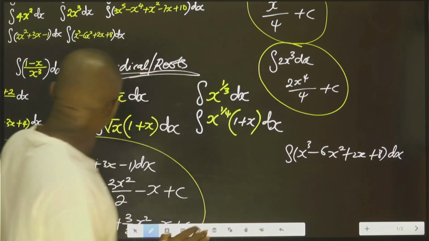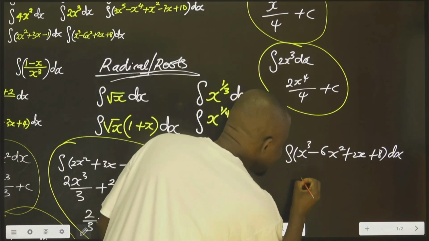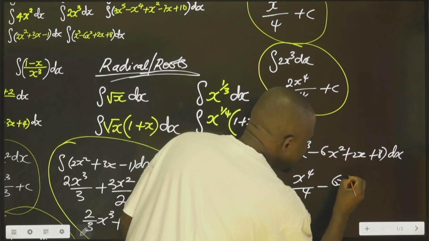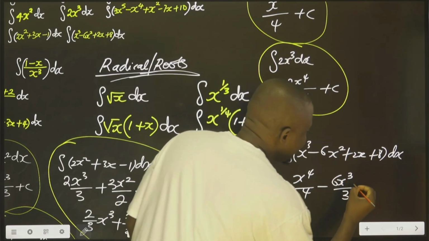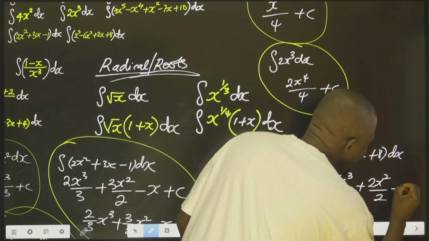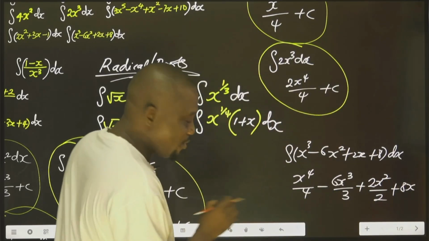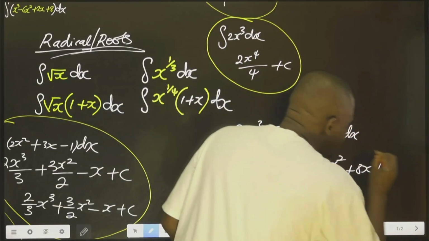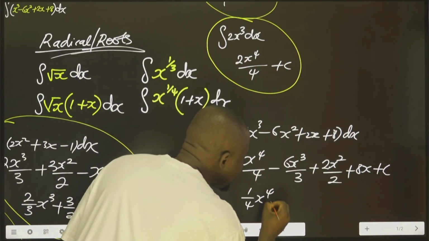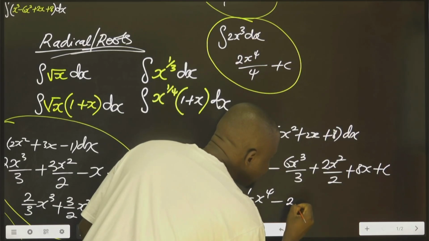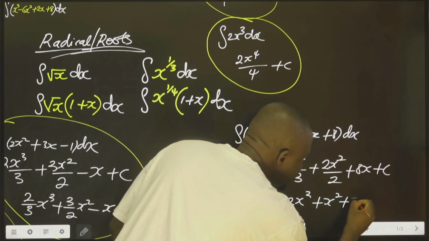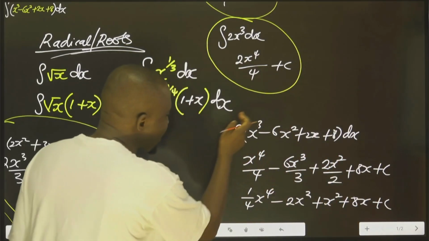This one too, very easy. x⁴ over 4 minus 6x³ over 3 plus 2x² over 2 plus 8x, plus C. You can simplify this further. You agree with me? To divide this is going to have 2. To divide is going to have 1. Very easy.